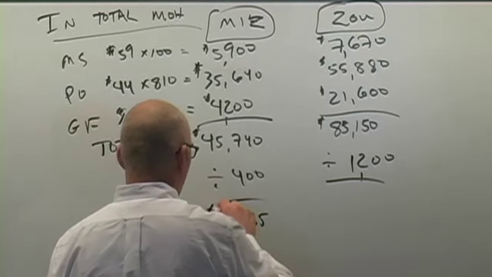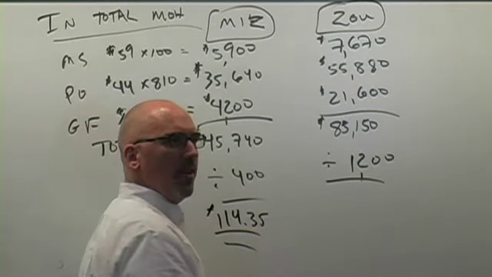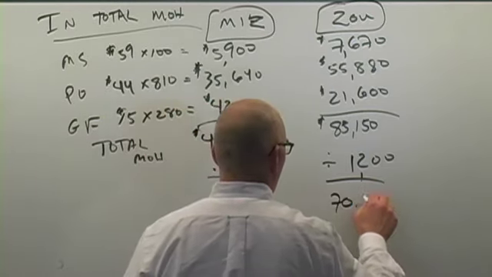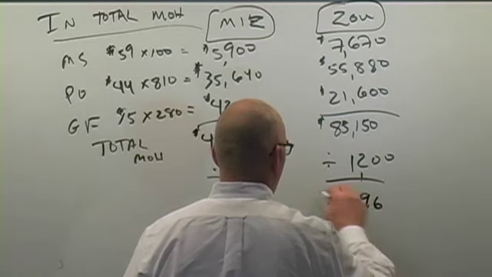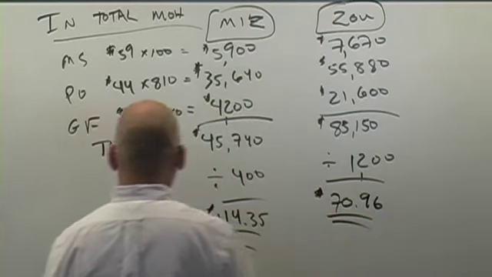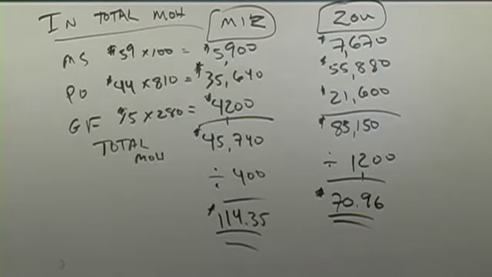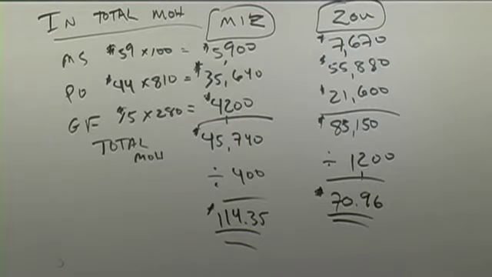114.35. Mr. Montgomery, you have the other one? $70.96. Is that rounding properly? Okay. JJ, what's that label? You're just on track as the label guy.